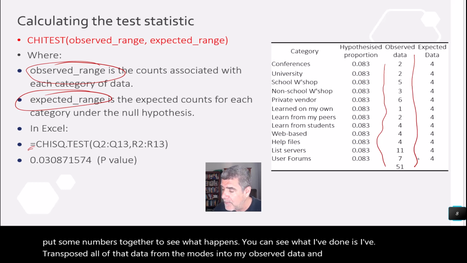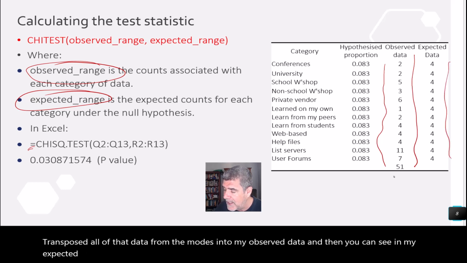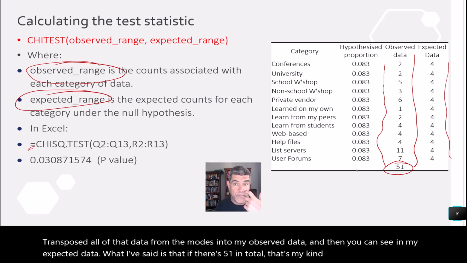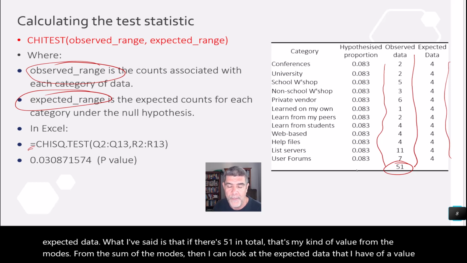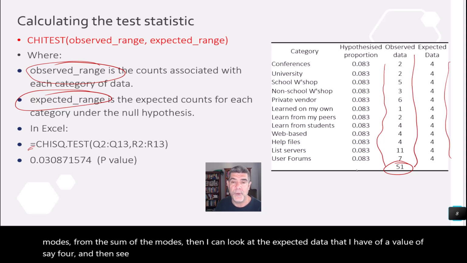And then you can see in my expected data, what I've said is that if there's 51 in total, that's my value from the sum of the modes, then I can look at the expected data that I have of a value of, say, 4. And then see what happens when we put all of these together.